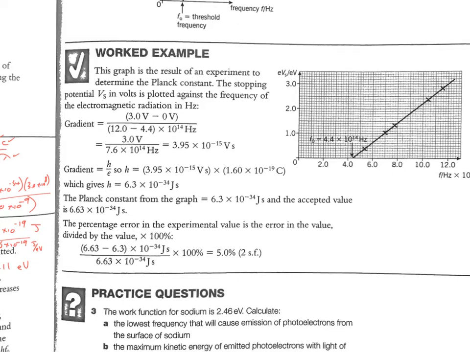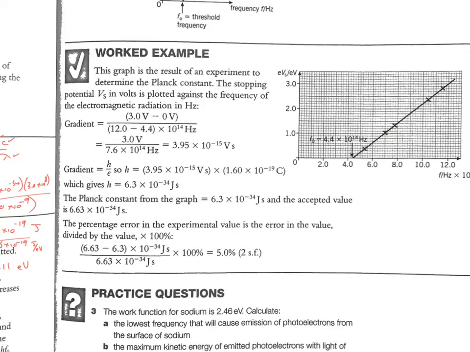So gradients is something that sometimes can be a bit of fun for people. Remember, a gradient is how much up has the thing gone for every one across. So that's why it's the delta y, the change in the y-axis values, divided by the delta x, the change in the x-axis values. You can pick anywhere along a straight line to take your gradient from.